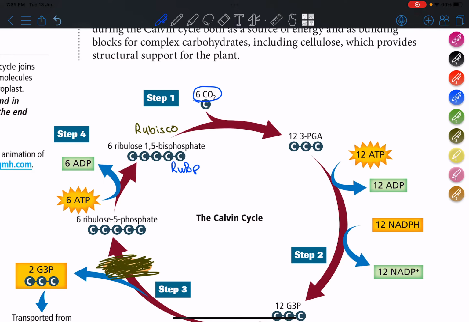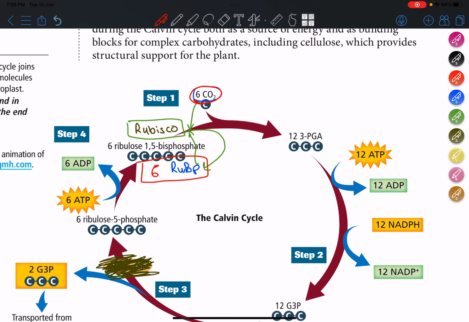And what happens is that Rubisco doesn't just help us make the RuBP, but it also helps with the fixation, the combining of the CO2 and the RuBP. So the Rubisco doesn't just create the RuBP, but it is also the enzyme that helps combine the 6 carbon dioxide with the 6 RuBP. 6 carbon dioxide and 6 RuBP.